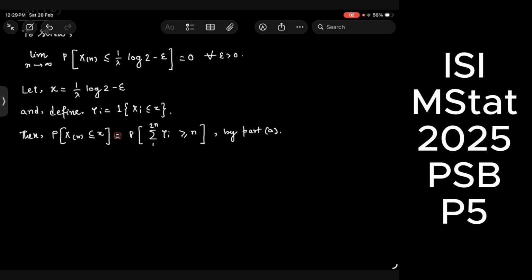Now, what is P? Let P equal to xi. What will be the probability of this? Right? And what is x over here?